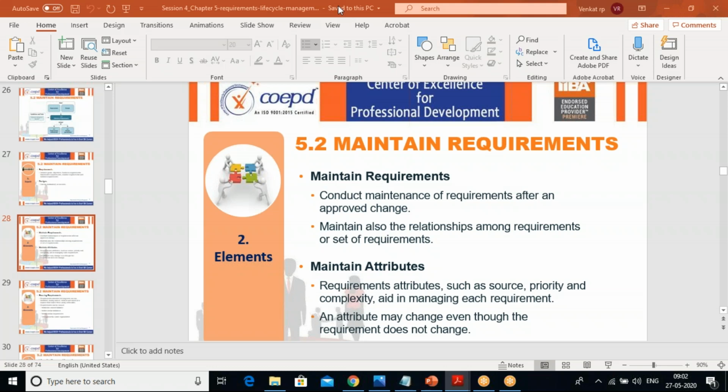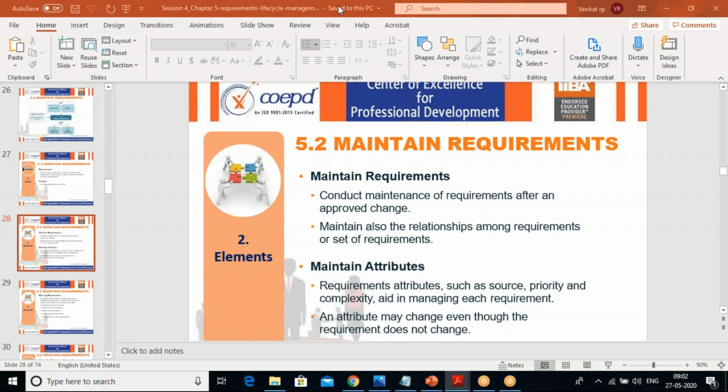As and when we start working, we discover more information, and these attributes may change with time. With more information, the priority may change, or the way the requirements are handled may change, and we maintain that.